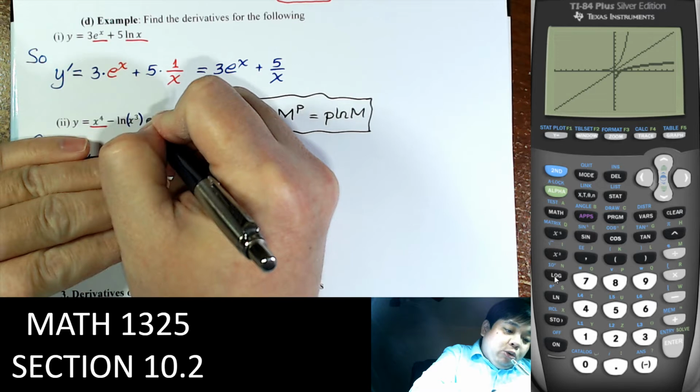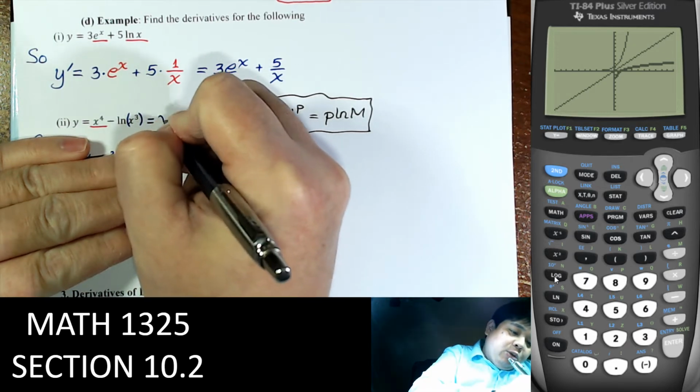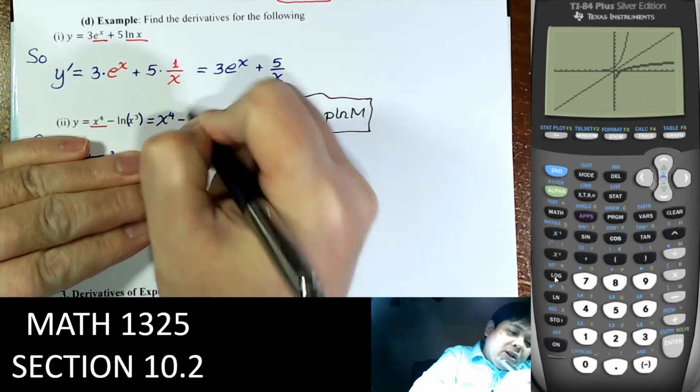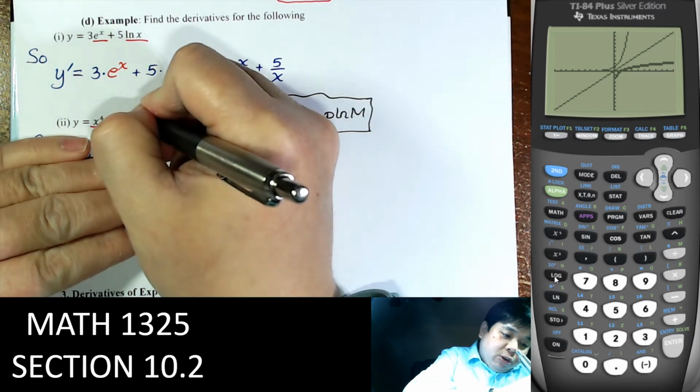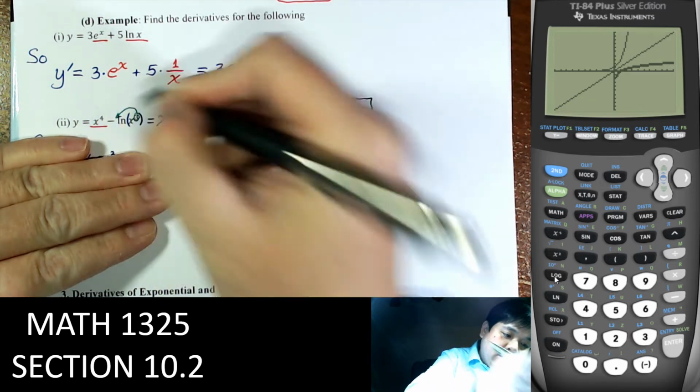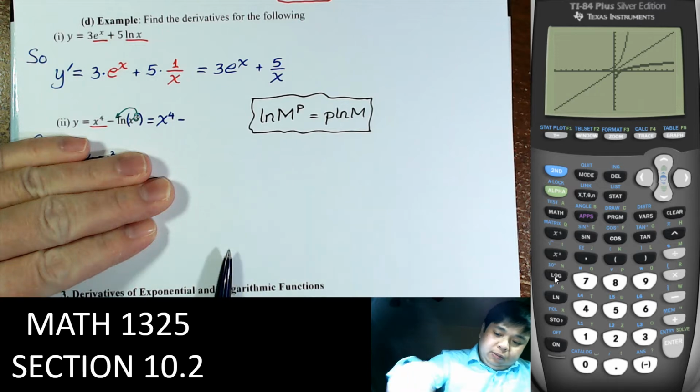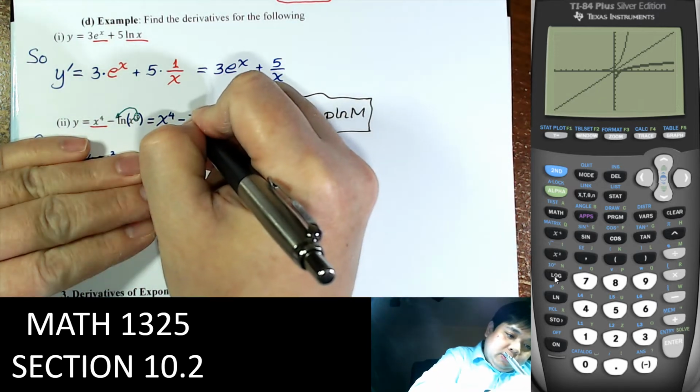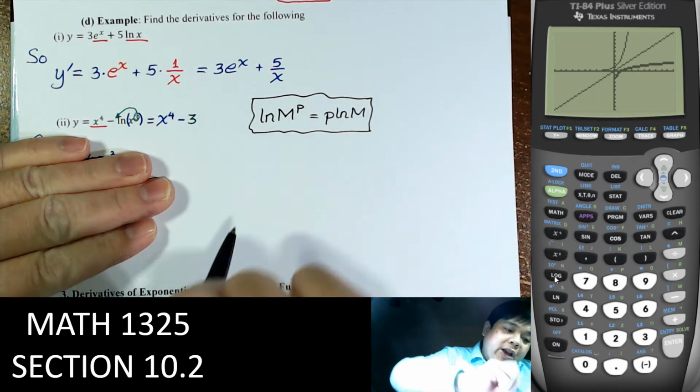So I just have to rewrite this as x to the 4th minus 3 times ln of x, taking the 3 out to the outside.